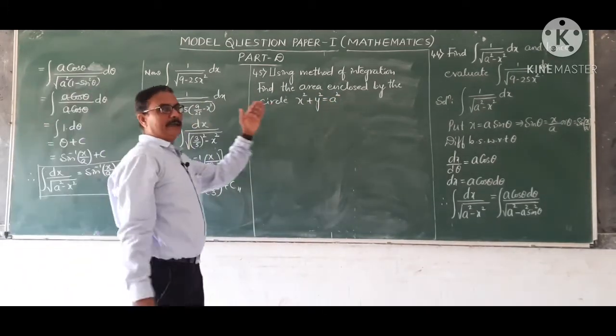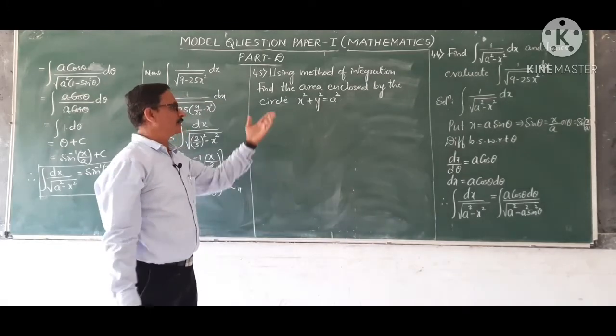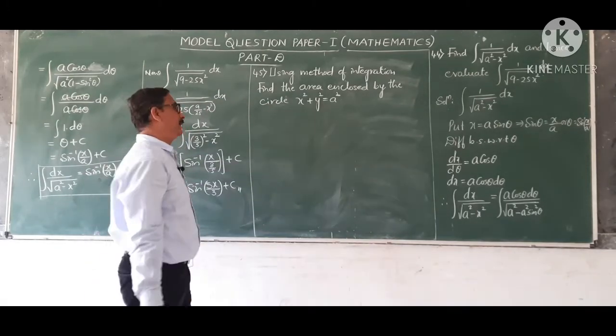To find the area of circle x square plus y square equal to a square using integration method.